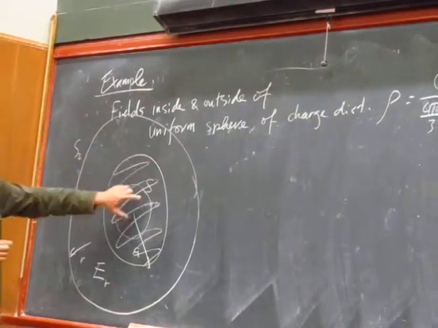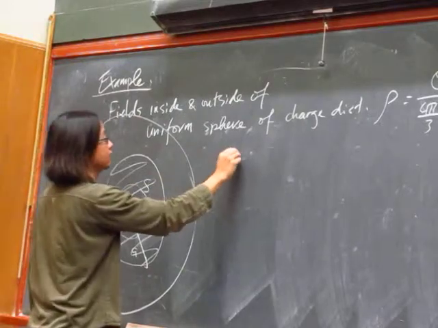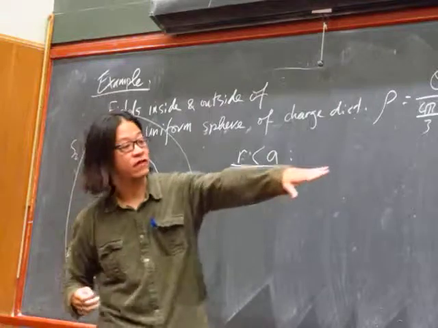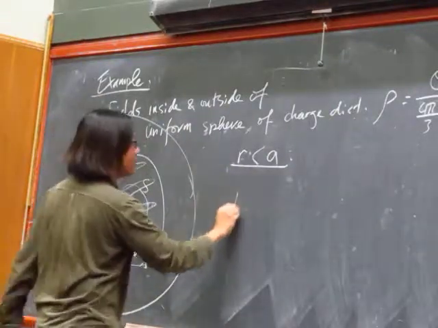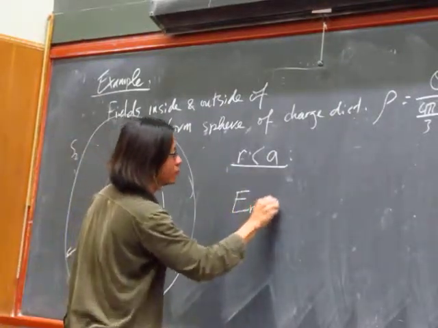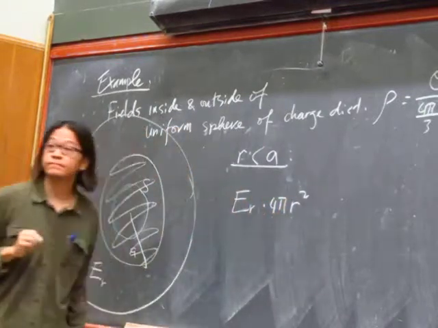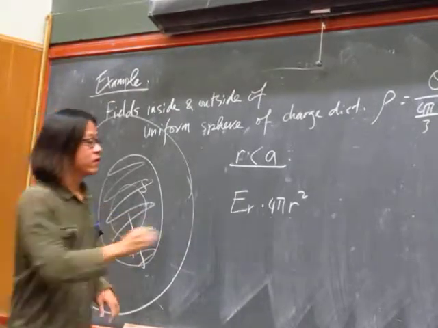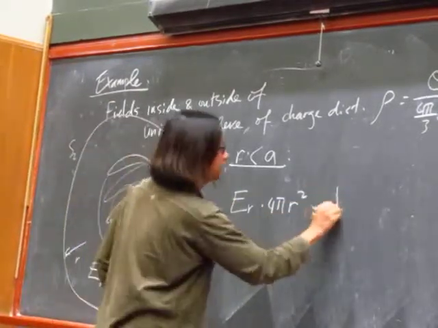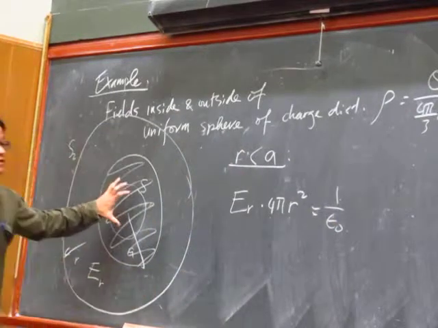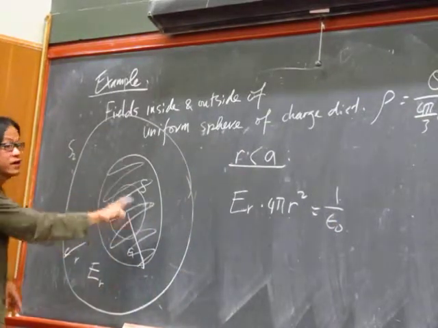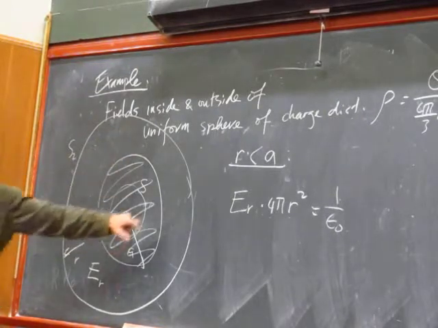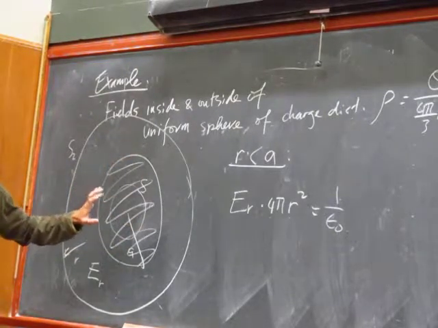Okay. So look at the surface inside to find the electric field for R less than A. The left-hand side still gives you the same, which is ER times 4 pi R squared. That's just the flux through the closed surface. And it's 1 over epsilon naught times the charge inside the surface S. But that's no longer 0 in this case, because we have a uniform charge density rho.